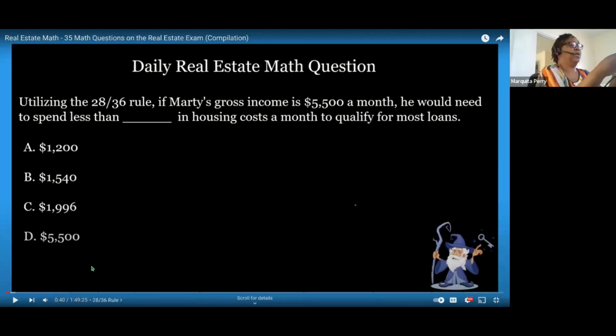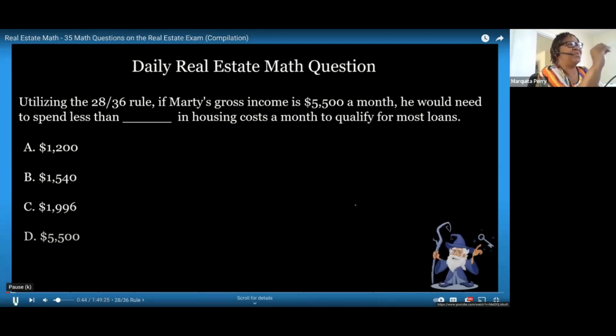See, this is where it be the questions, the way they word it. So I say B. Why B? Because I multiplied 5,500 times 0.28. I got 1,540. Okay, and that would be the right answer.